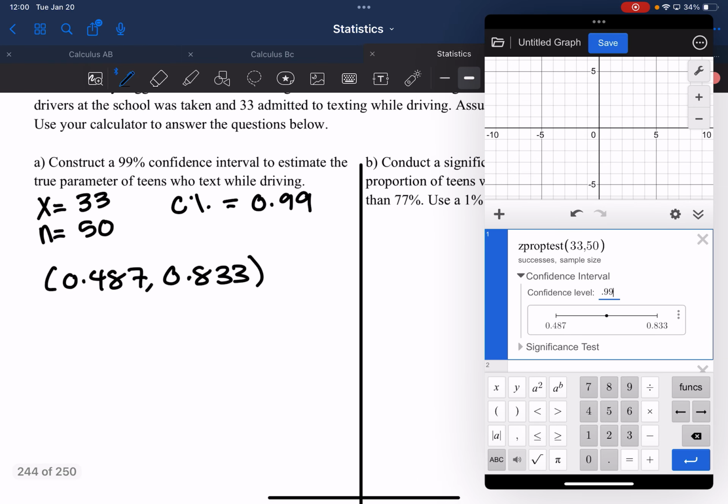From here, we would write our conclusion. Remember, the sentence stem for a confidence interval starts off how?